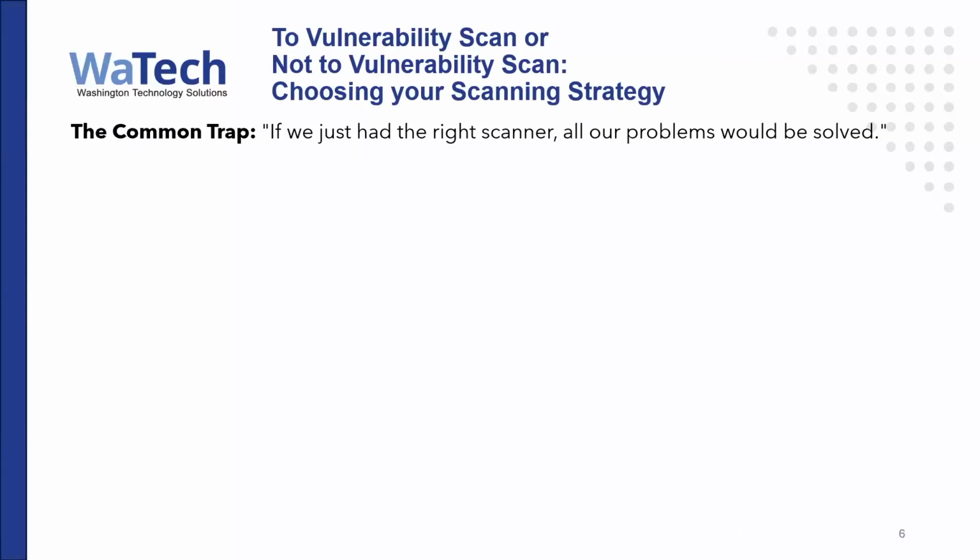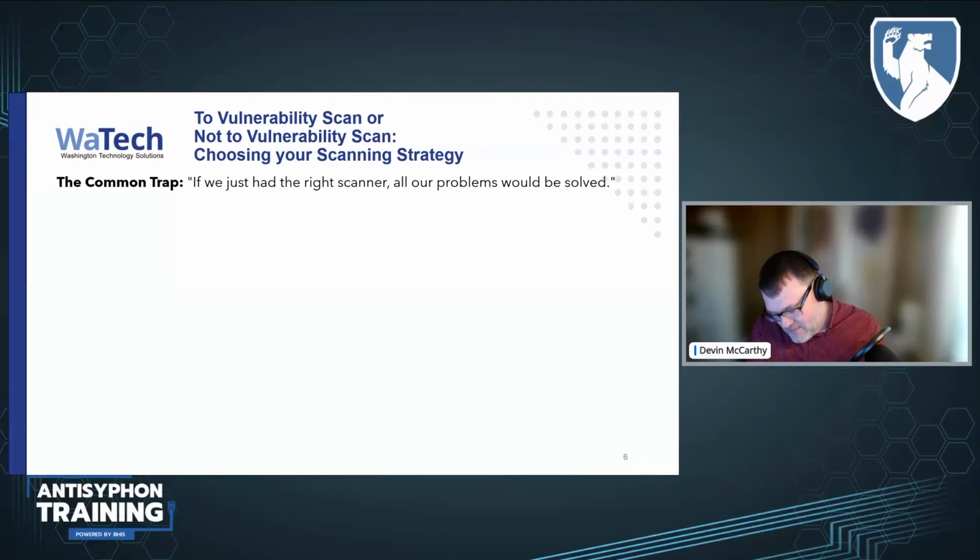I wanted to walk through a few pieces of vulnerability management, looking at where we want to go, and I'll pull off pieces here. The first piece is vulnerability scanning. There's a common trap which a lot of management and executives get into: if we just had the right scanner, all our problems would be solved.